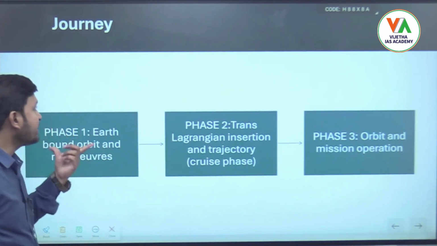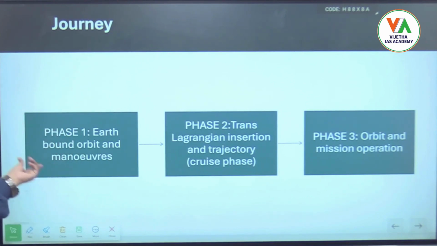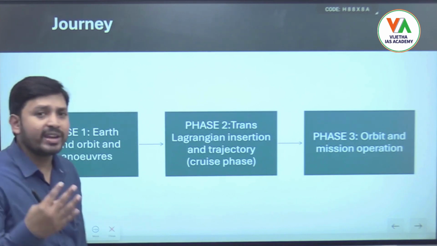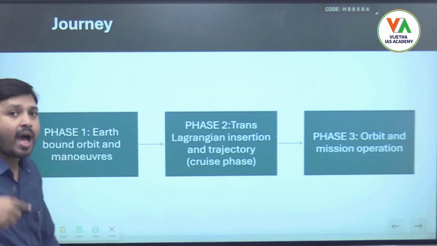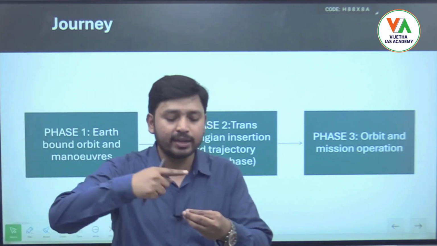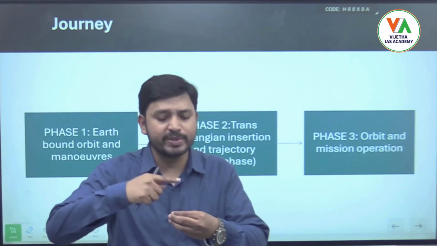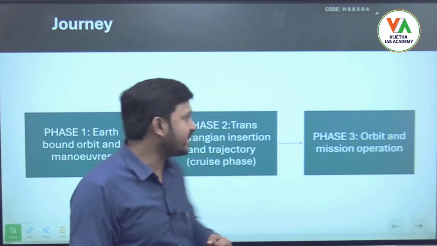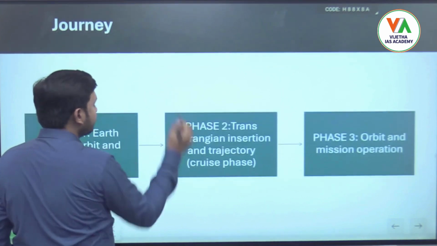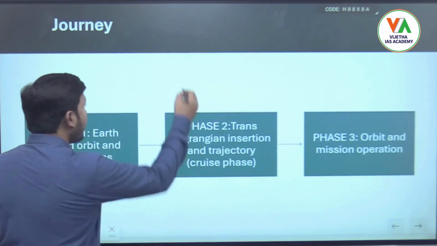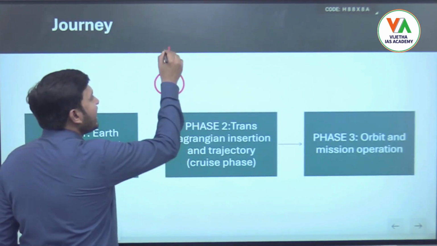So we'll see in this journey of this Aditya, 3 phases. Okay, phase 1, phase 2, phase 3. Phase 1 is with respect to Earth. Around the Earth it has been taken into 5 maneuvers, means every stage. See, this is the first stage. Okay, let us assume from this Earth Aditya has been launched, right?